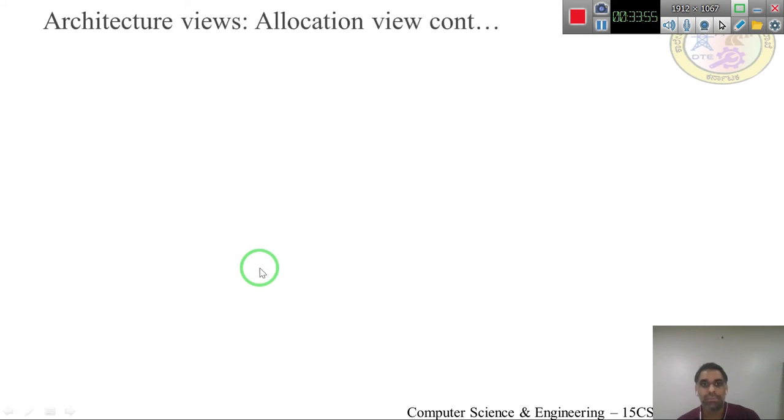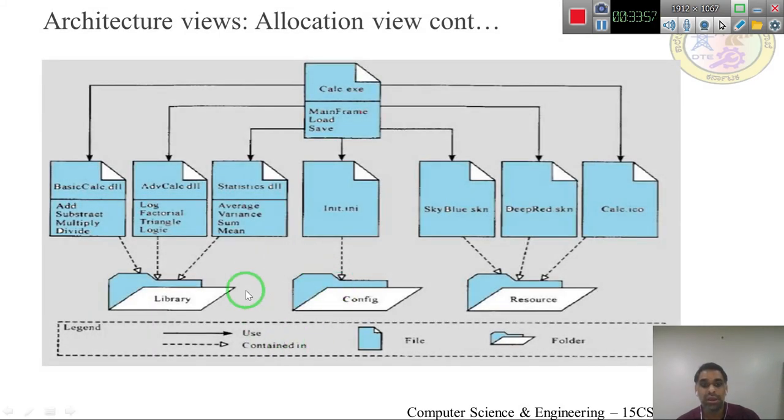So this diagram clearly tells you that if there are three folders, say library, configuration and resource, then the library folder would consist of binaries like basic calculation, which would perform operations like addition, subtraction, multiplication and division.